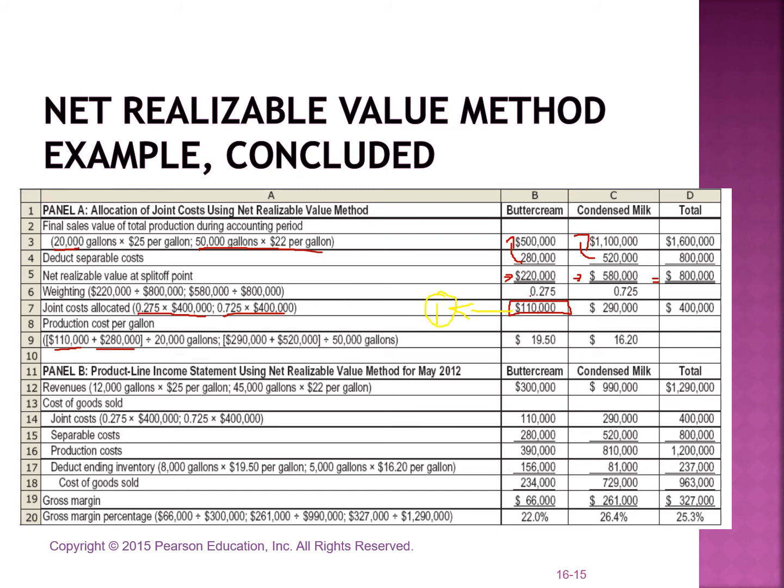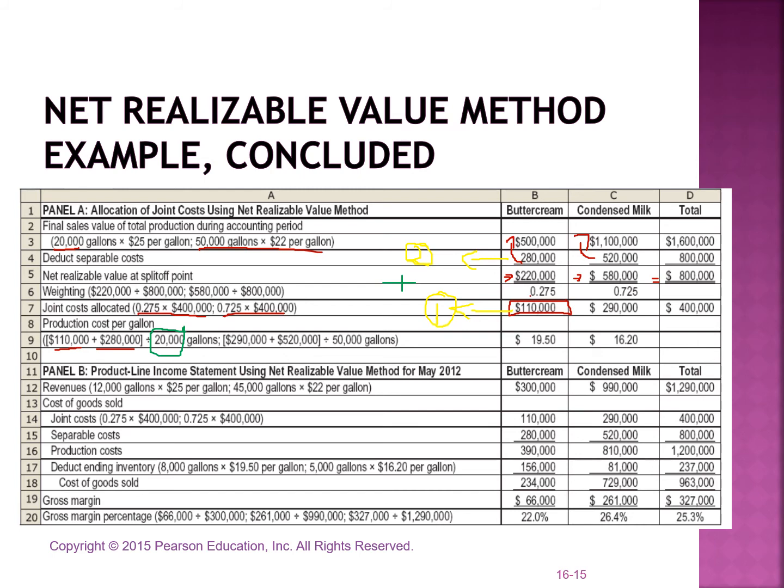And we have 200 separable cost, 280. So actually here the addition of both will yield the total cost, that whenever we divide it by the 20,000 gallons, we will get the cost per unit, including joint and separable cost.